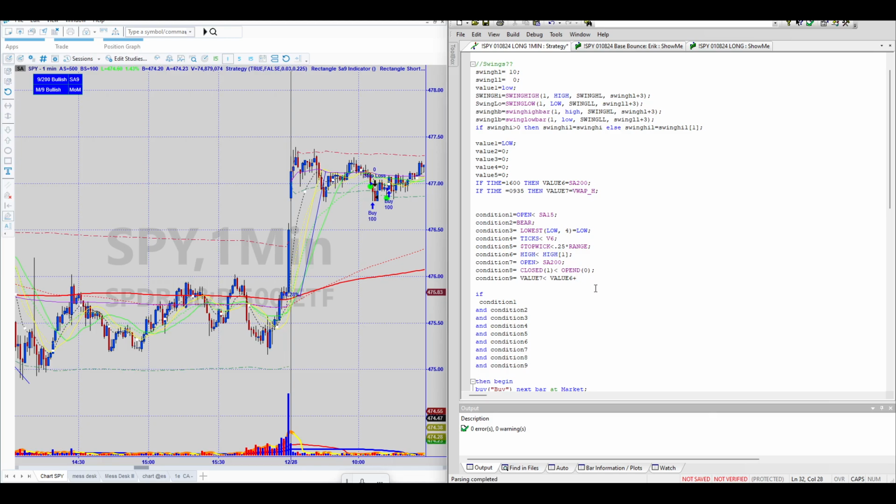We'll just say the range, which will end up being the open of the day. We'll just do high of the day, bar go 0, which would be 1, minus low of the day, bar go.